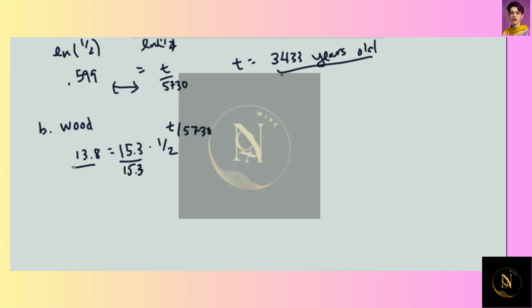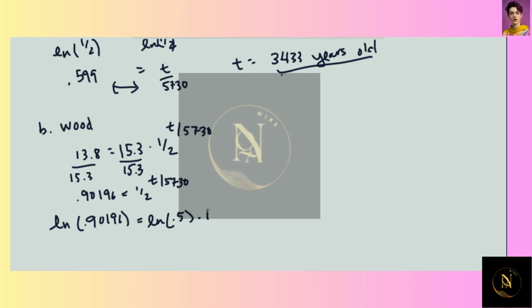Dividing by 15.3, 0.90196 equals 1/2 to the T over 5,730. Taking the natural log of both sides, and then solving algebraically, T is 853 years old.